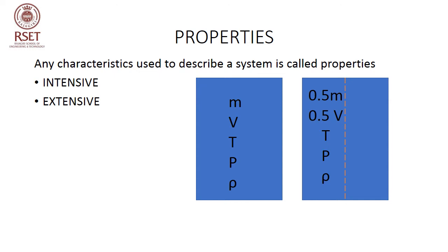From here you can understand m and v, the mass and volume, are examples of extensive property, whereas temperature, pressure and density are intensive properties, because they don't vary. The intensive property doesn't vary with how many times you slice the system, the value remains the same, but extensive property depends upon the mass of the system.